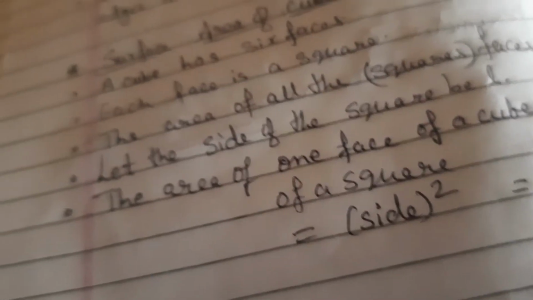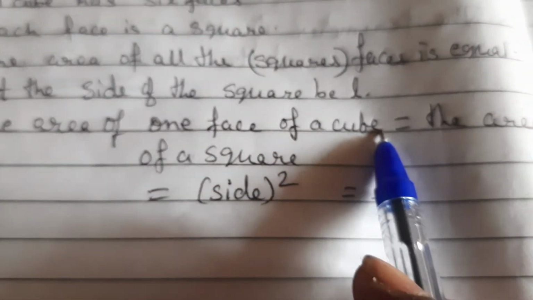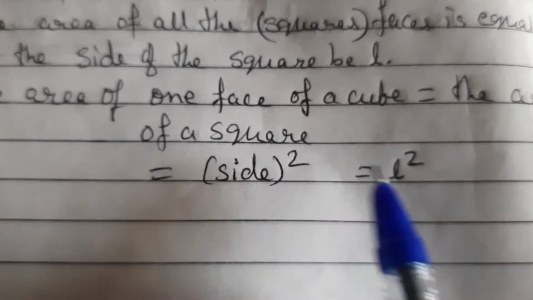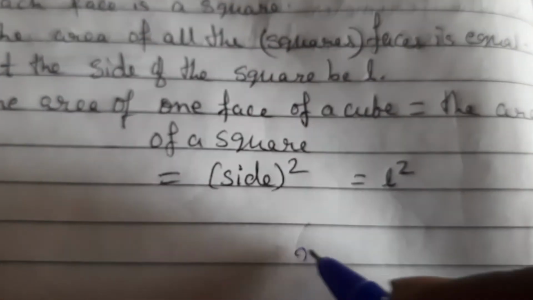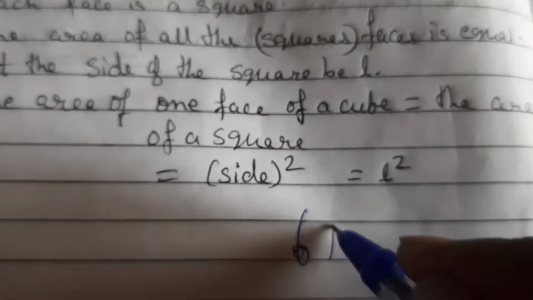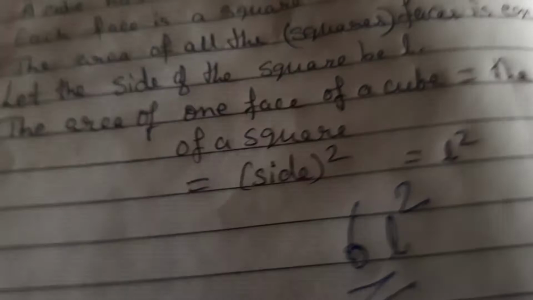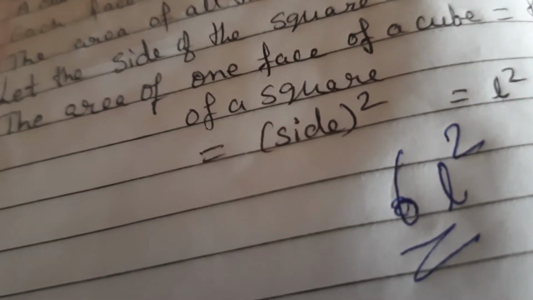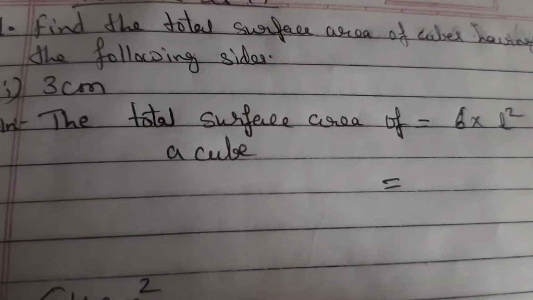The area of one face of a cube, that means a square, is side square, that is L square. If one square is L square, then 6 faces will be 6 into L square, children. So the total surface area of a cube formula is 6 into L square or 6L square.